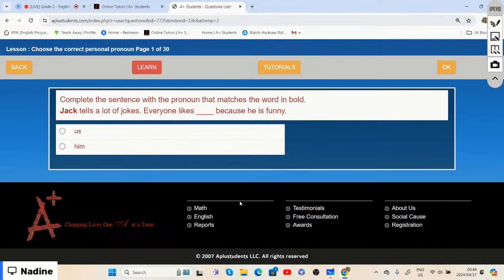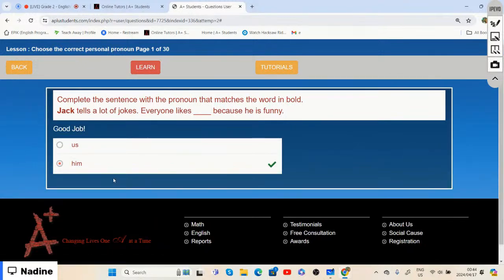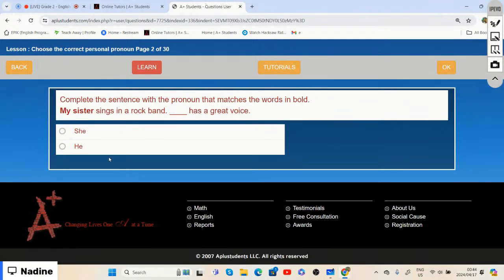So we're referring to Jack, right? Yes, and if we refer to Jack, then we can say everyone likes him because he is funny. So well done. Him is correct. That's a personal pronoun referring to Jack.